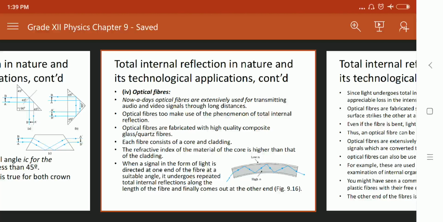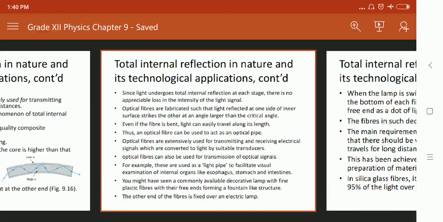When a signal in the form of light is directed from one end of the fiber at an angle greater than the critical angle, it undergoes total internal reflection, as we can observe from the diagram, and finally light comes out from the other end.